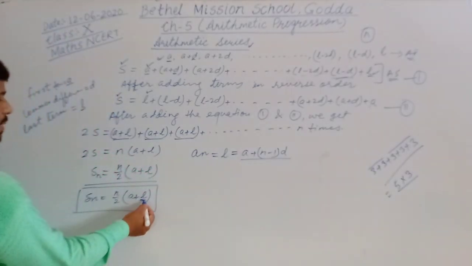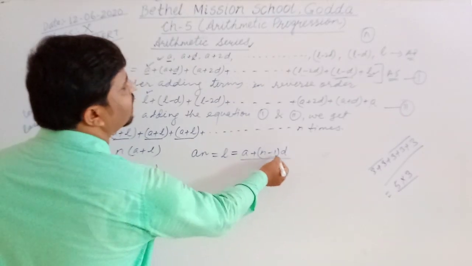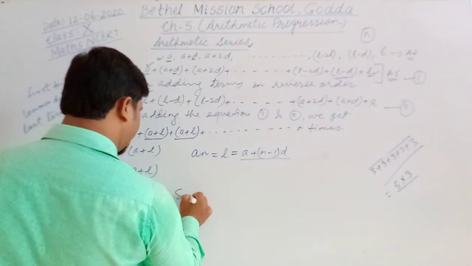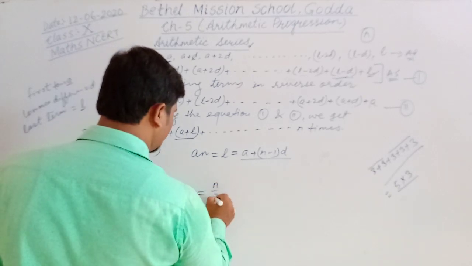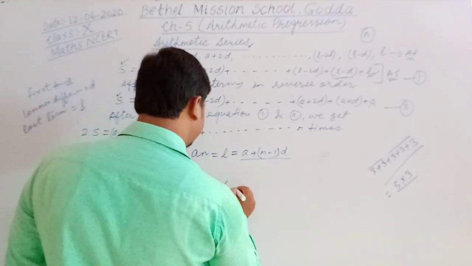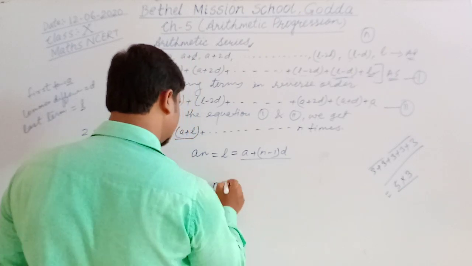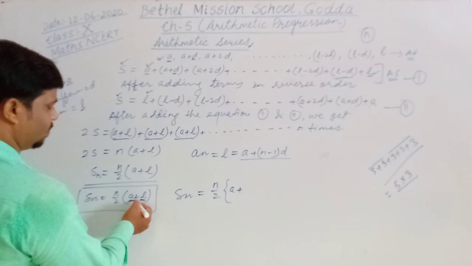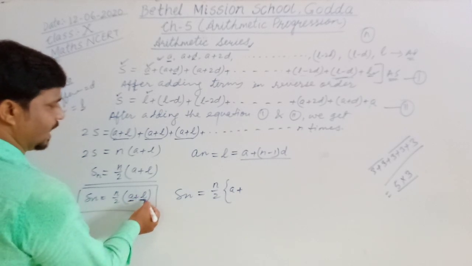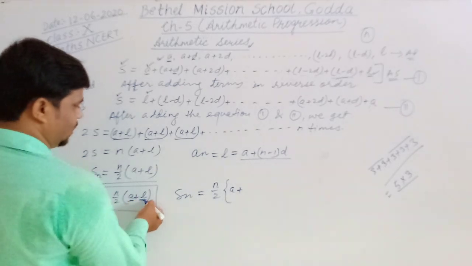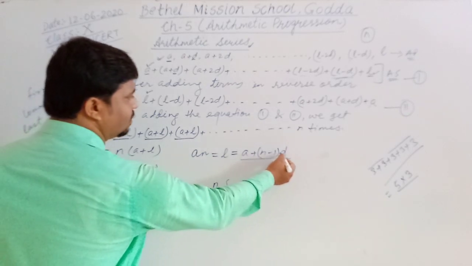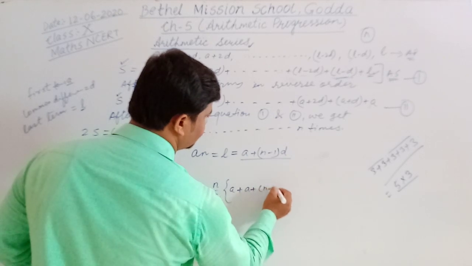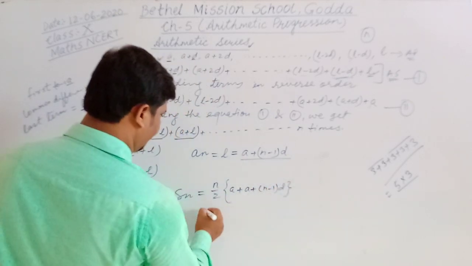So we can replace this L by A plus n minus 1 into D. Then you will get another property: Sn equal to n upon 2 of A plus, this A is already there. We have to replace this L only. So this L will be replaced by A plus n minus 1 into D.